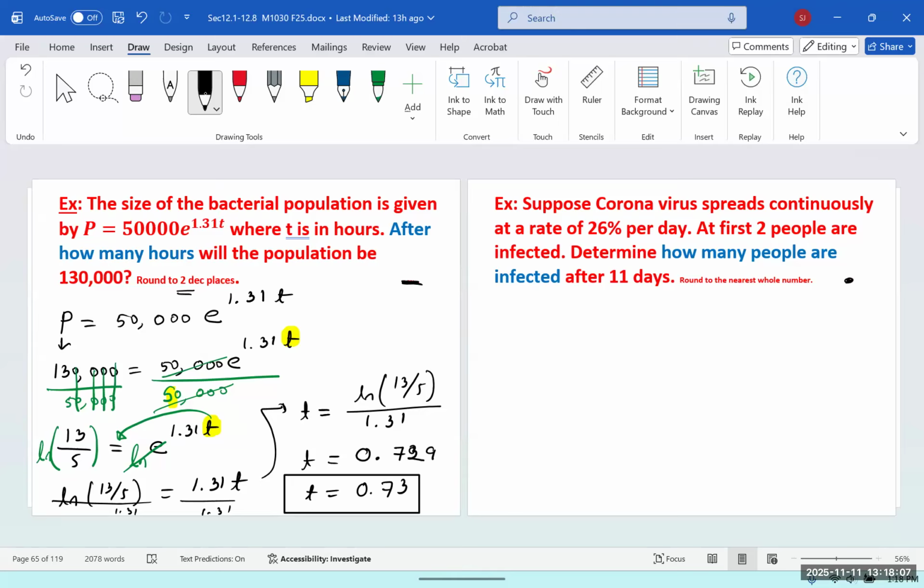So how many people got infected after 11 days? P equals 2 e to the power of 0.26, and it is 11 days they're telling you.